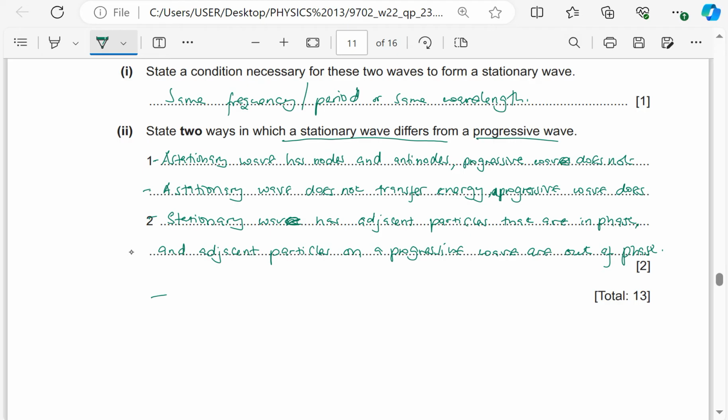Okay, then the other one is you can talk about the different points on a stationary wave which have different amplitudes. Yet for a progressive wave, all particles will reach the same maximum displacement.